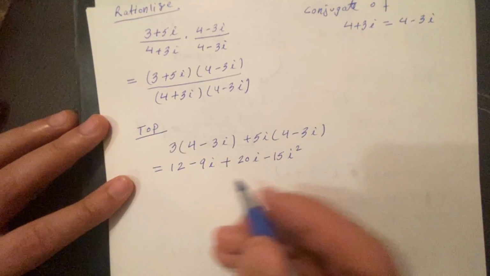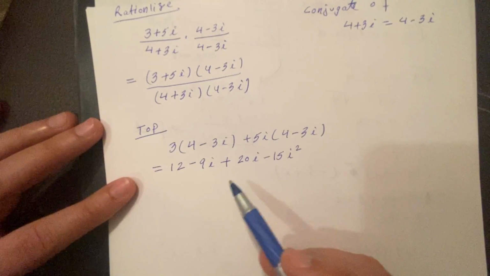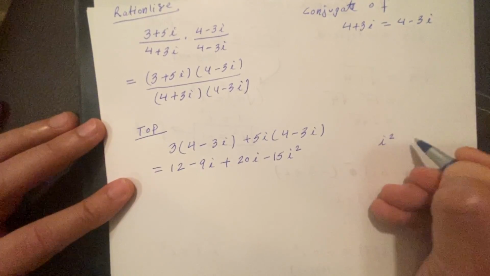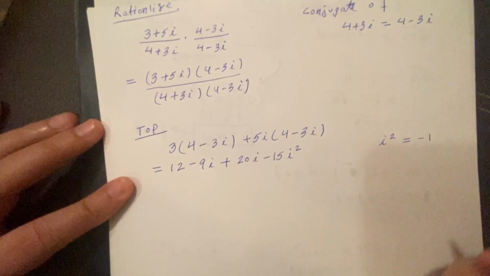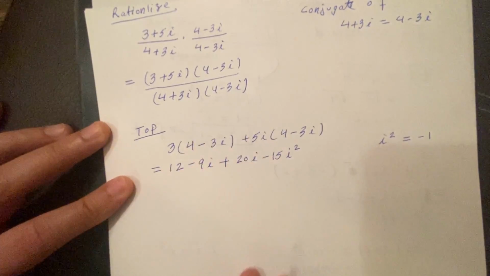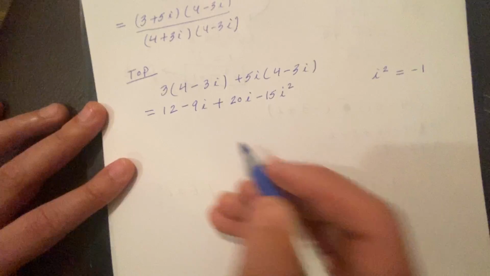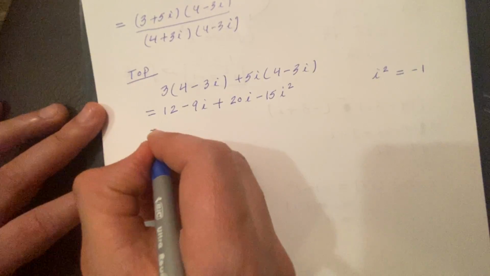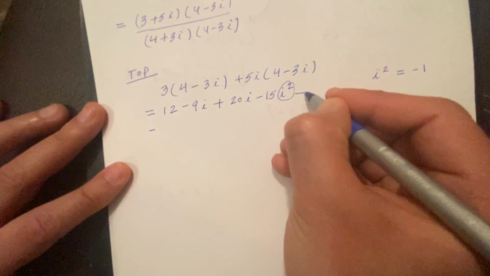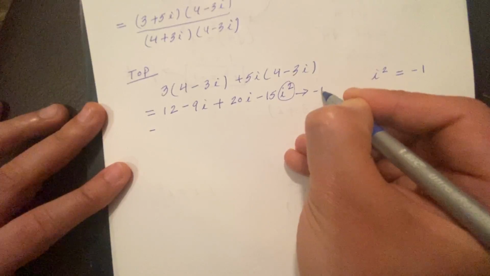Now, as we said before, i square means negative 1, right? So we can use the same fact here. We can replace this i square by negative 1, right?